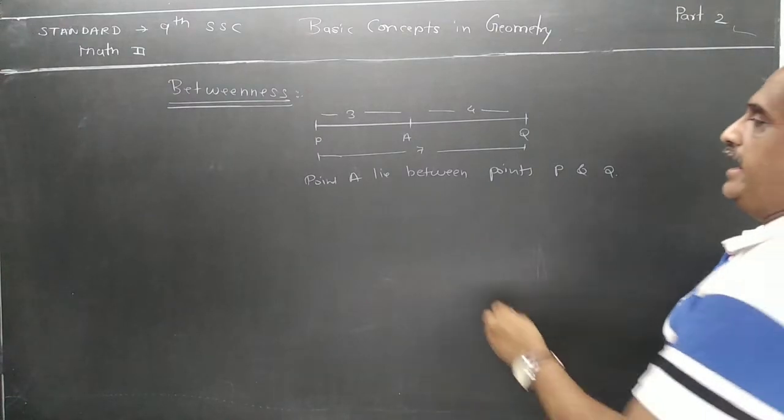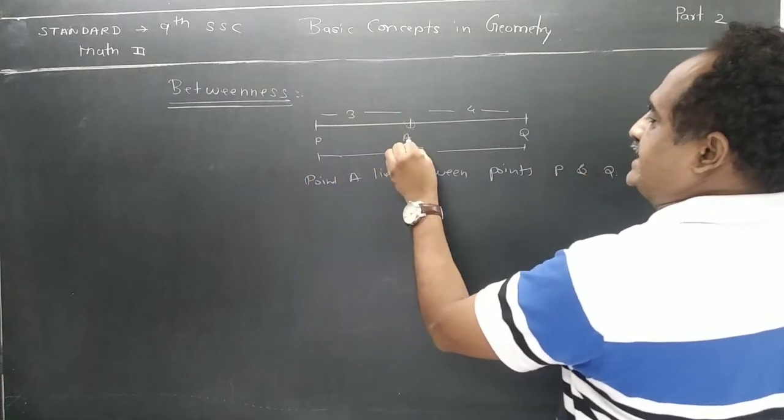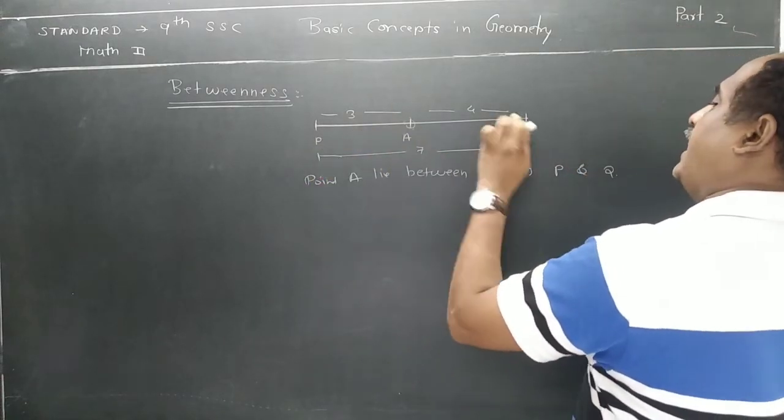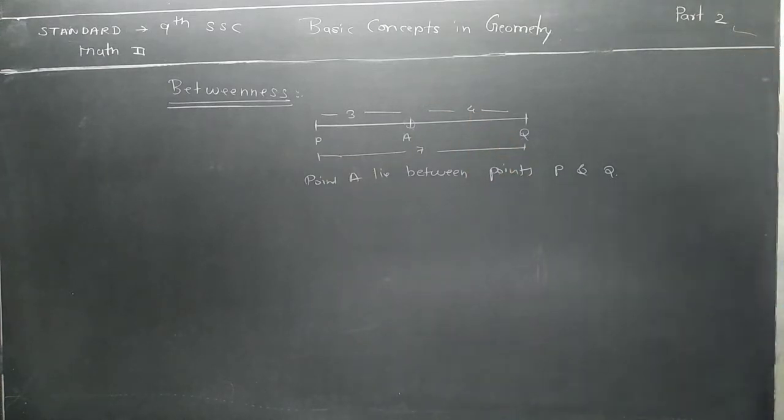See, A is a point such that distance PA plus distance AQ is equal to distance PQ. Then I can say that A lies between what? P and Q. Okay?